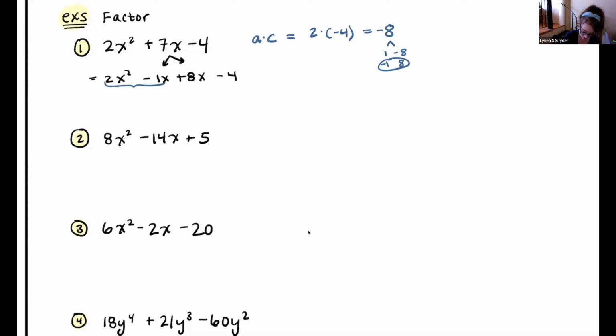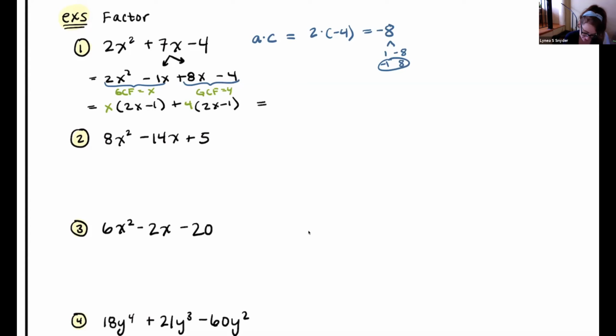So here and here we've got 2 groups. GCF in group number 1 is just x. GCF in group number 2 is a 4. Okay, so taking out the GCFs, we've got x times 2x minus 1. Then we've got plus, taking out the GCF of 4, we've got 2x minus 1.